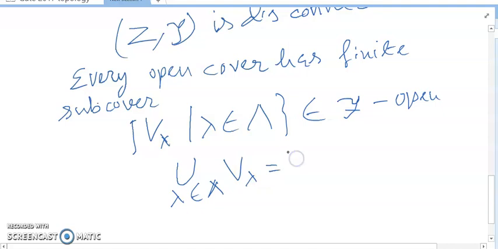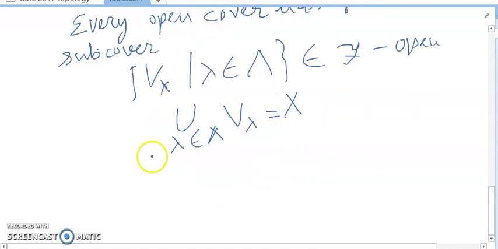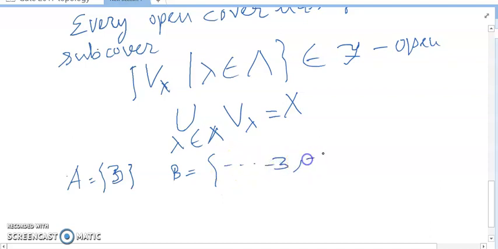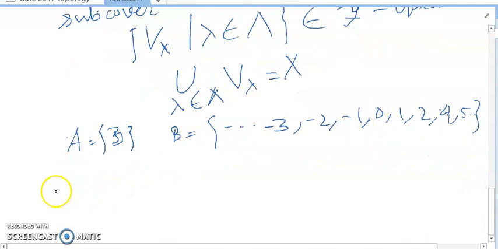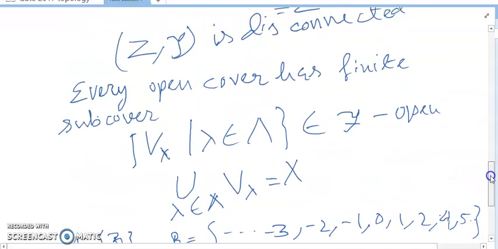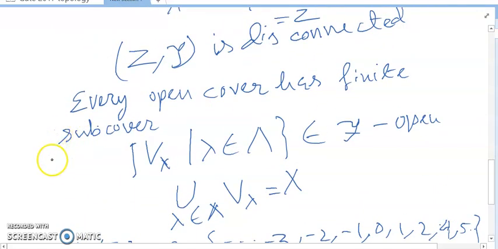So friends, you see A equals 3 and B equals minus 3, minus 2, minus 1, 0, 1, 2, 4, 5, etc. So only 3 is not present in here; together they equal Z. So it is a finite subcover, according to the definition of the compact space.